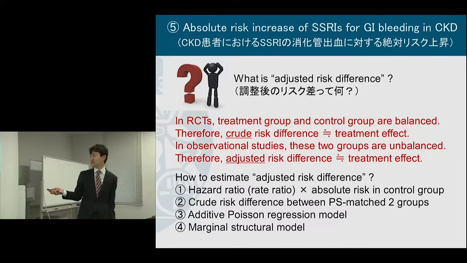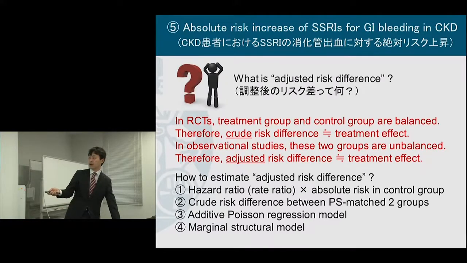But in my study, this was not useful because to use propensity score matching, you have to calculate the propensity score at one single point in time. But in my study, one patient could have both periods with and without SSRI. So calculating the propensity score every time for individual patients was difficult, and not realistic. So this was not available to me.